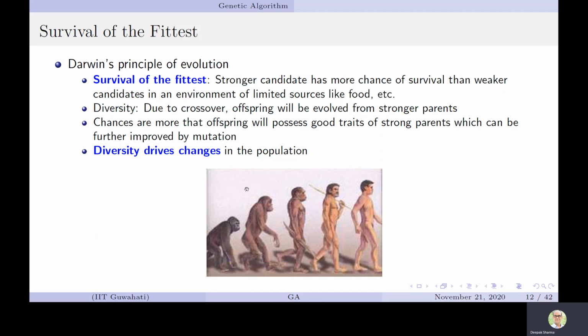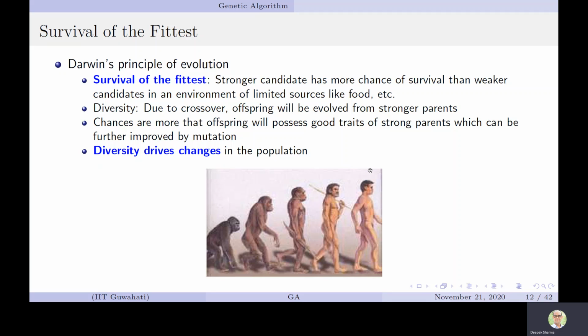So as we can understand from this figure, this is the evolution of human. This was the stronger candidate, and after mating and then having crossover and mutation, stronger offspring were generated. And because of that, there is another generation. So with the help of survival of the fittest, crossover and mutation, there is an improvement generation by generation.